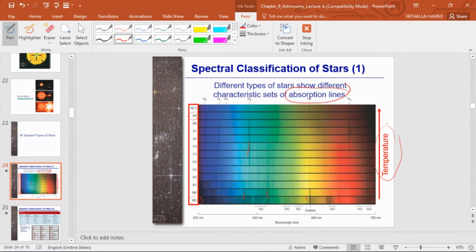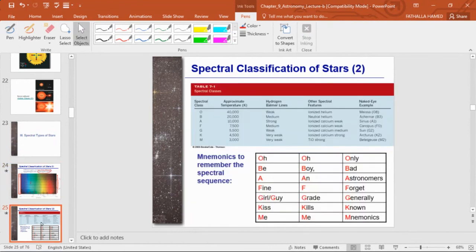Early on, when astronomers were collecting these spectrum, when they saw general features, they gave them a certain classification. So the classification was either O or B or A or M or K. That was a classification that astronomers used to give.